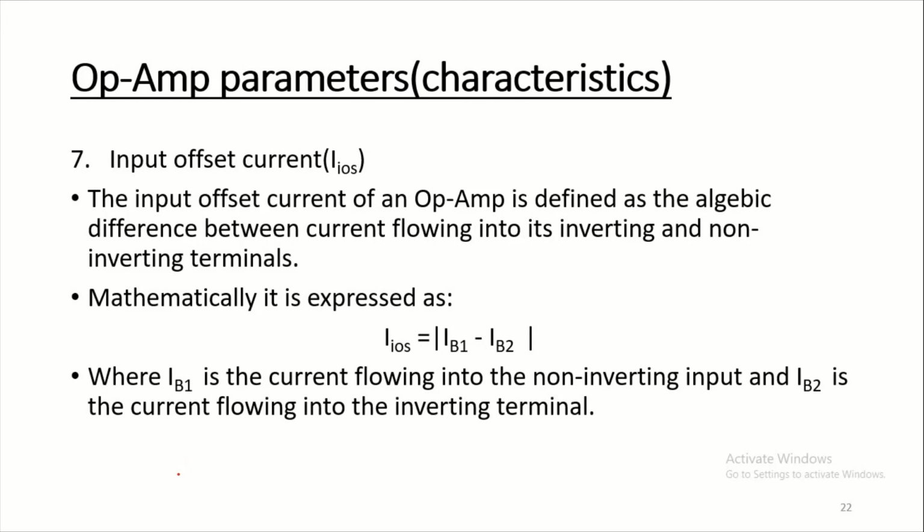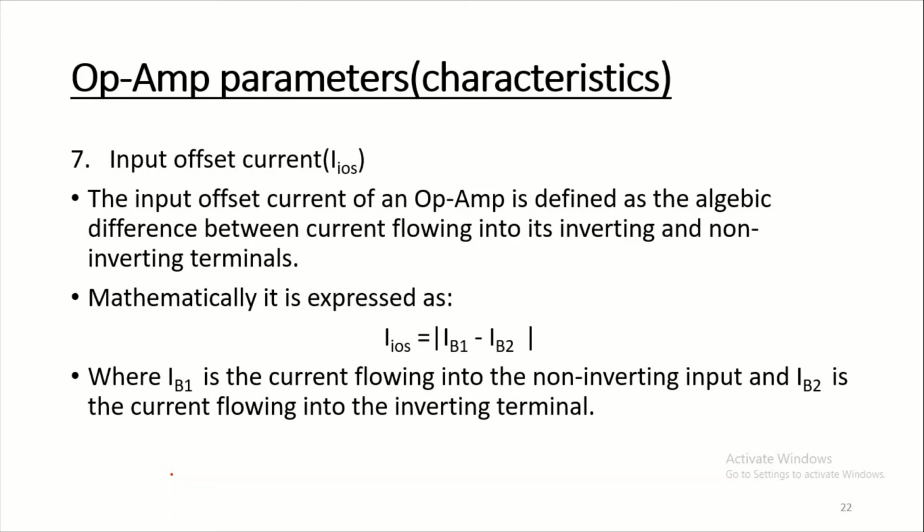Ideally, the input offset current must be 0, and practically it should be as small as possible. The input offset current exists due to the unequal currents IB1 and IB2 flowing into the input terminals of the op-amp. The values of IB1 and IB2 are different from each other because the transistors used in the input stage of an op-amp are not exactly identical.